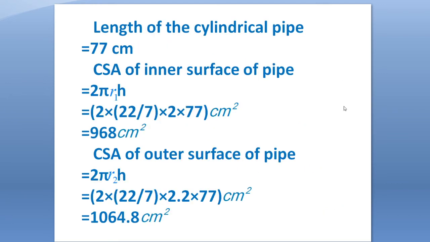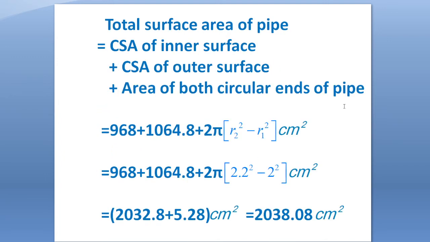Outer surface is 1064.8 centimeters square. And area of both circular ends of pipe, so 2 pi R2 square minus R1 square.